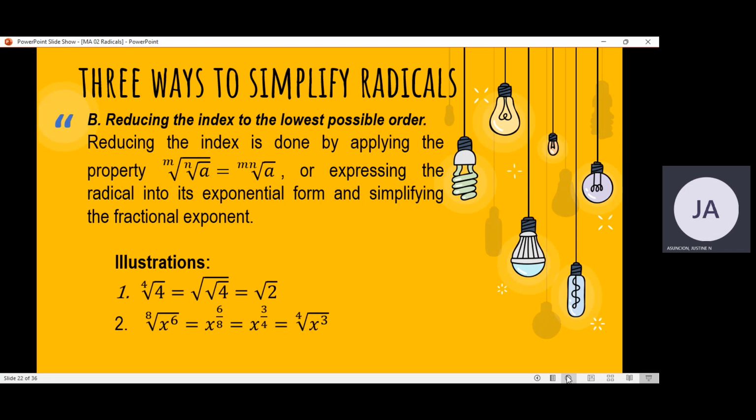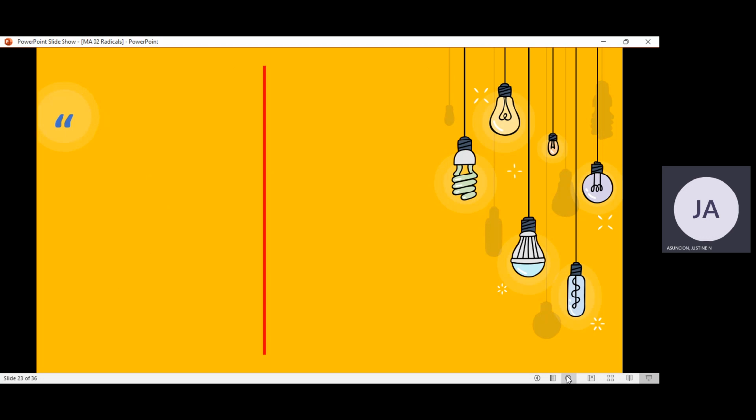We have x raised to 6 over 8. We have the common factor of 2, so simplifying that, that's 3/4. So x raised to 3/4, or simply the fourth root of x cubed. Either of the two, you can use to simplify, depending on the given example.